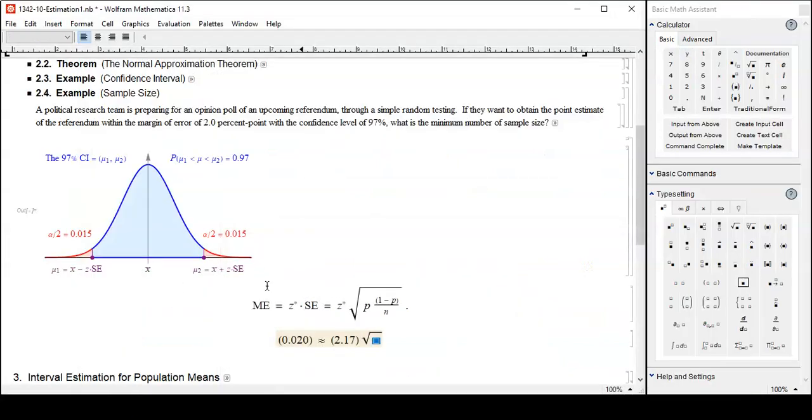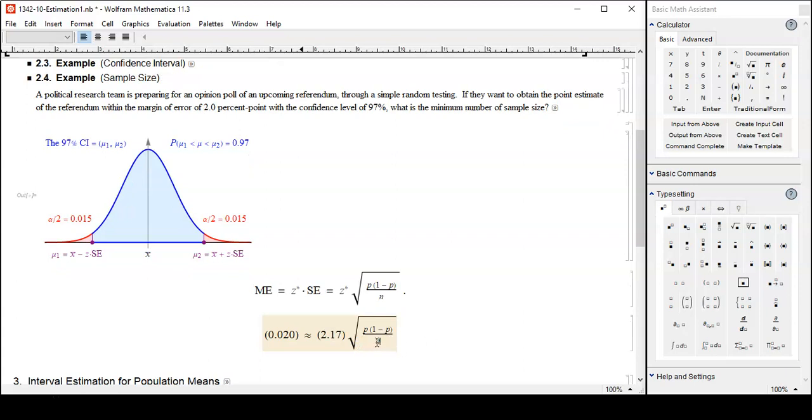For the right-hand side, it is positive 2.17. Here, for the margin of error, we want the positive value, so 2.17. Oh, by the way, sorry about the typo. Now we have this.